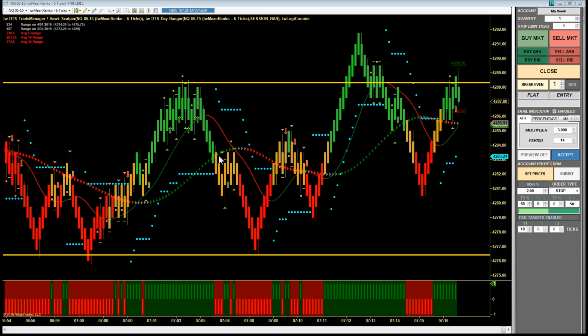You can see our macro line here swapping colors. It looks a lot like a Mexican flag, where we got the green, the gray, and the red, and flip-flopping back and forth. So rather indecisive market at the moment.